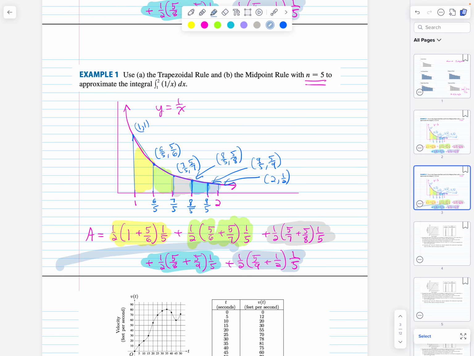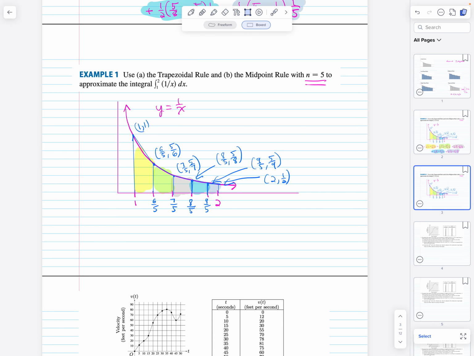And let's see what that would involve. Okay. It's going to be the same subintervals. I don't need to change my bottom, where I put the dividers, but it's a little bit different.